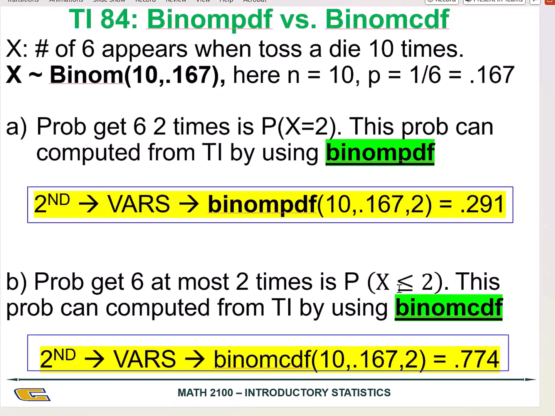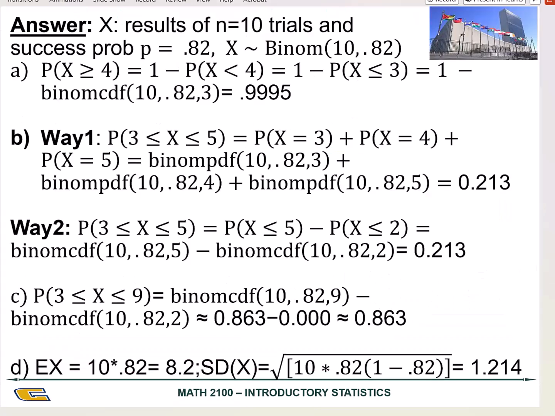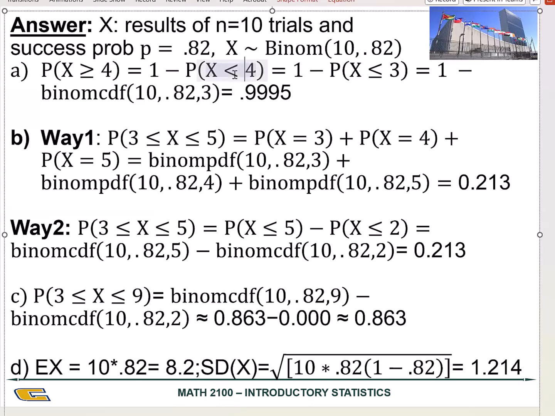So here, X is the number of people who want UNH to remain here. X less than 4 means X from 3 and below, which is at most 3. So we rewrite less than 4 as less than or equal to 3, and less than or equal to 3 is just a binomial CDF function.